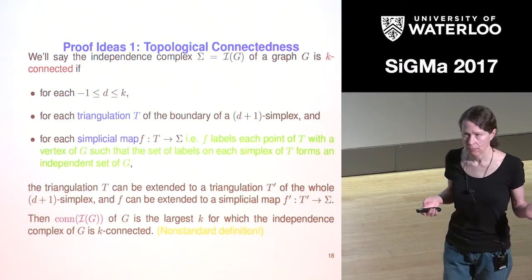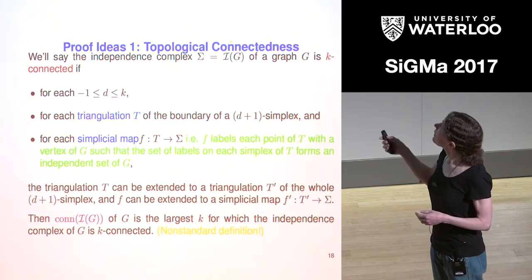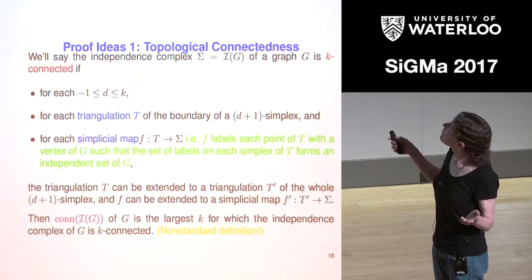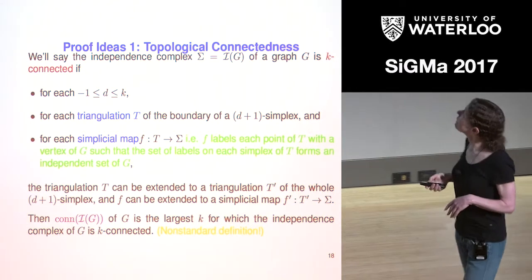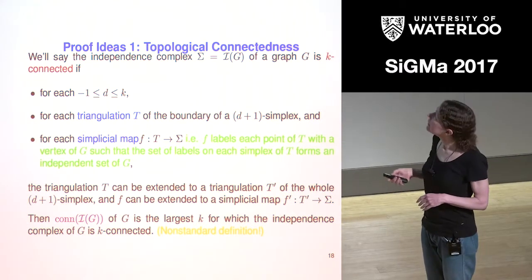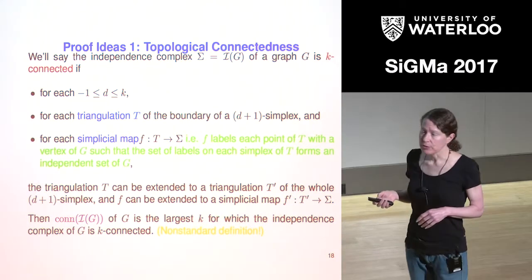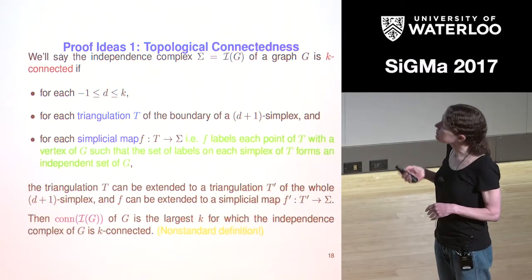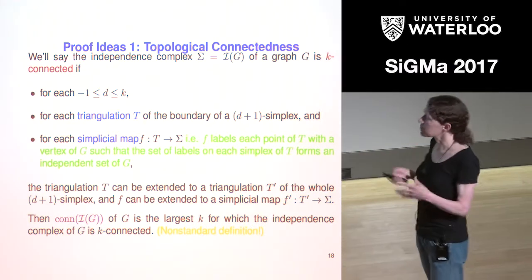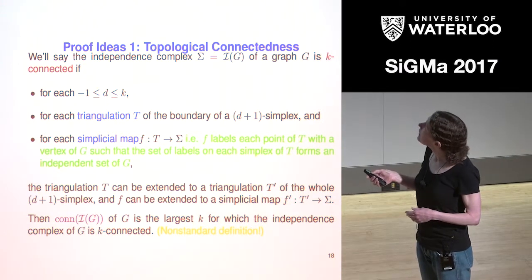So for any simplicial complex sigma, for example the independence complex of a graph, there's this notion of k-connectedness. I write it in this non-standard way to do with triangulations, but normally one talks about continuous functions from the sphere and extending them to the ball. But I'll say it like this.